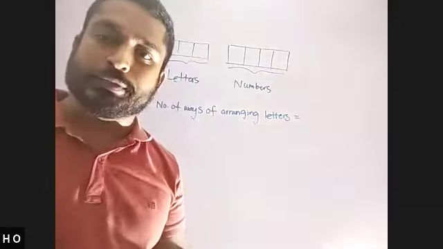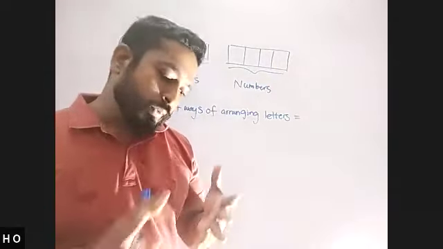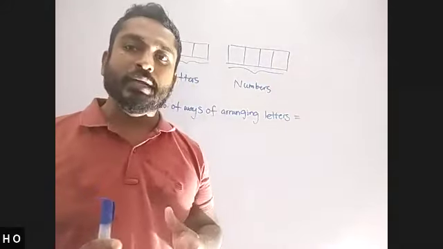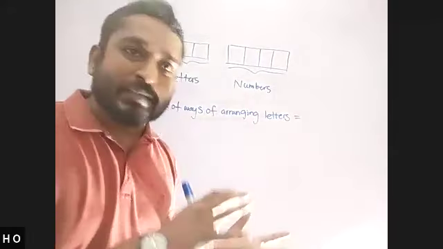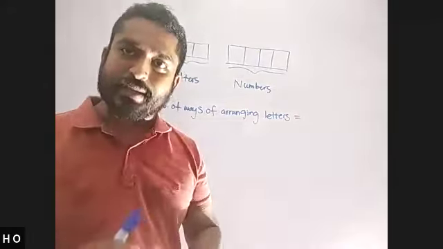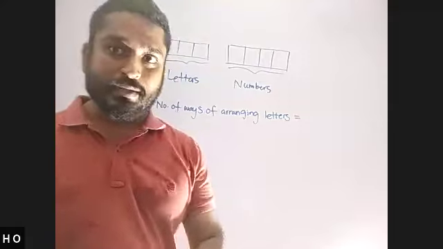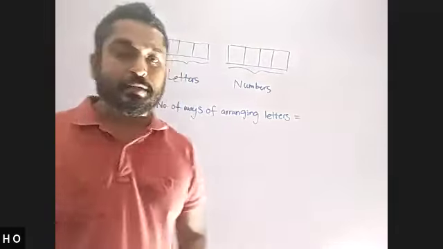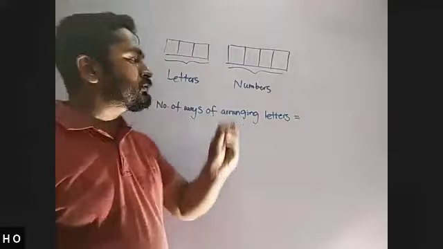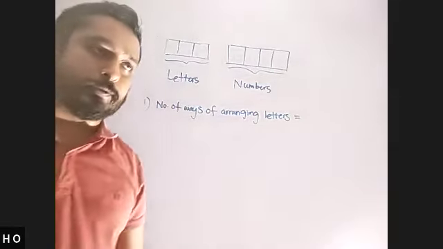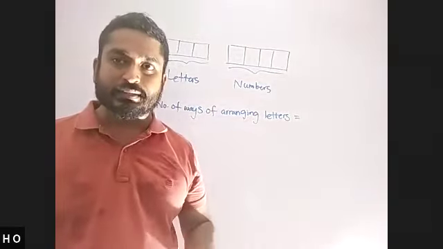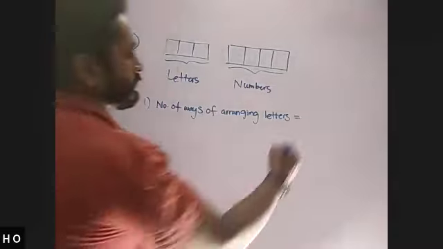As this is a short question, you don't need to write separate sentences for selecting letters and arranging separately. So right away you select and arrange. Number of ways of arranging letters: you have in the alphabet 26 letters, so 3 should be chosen.